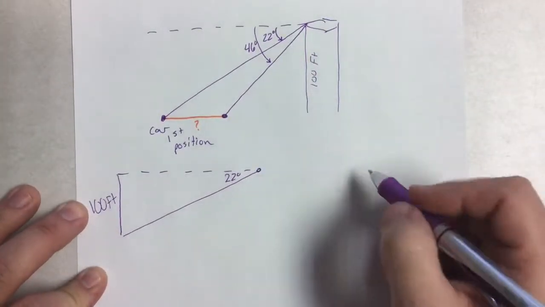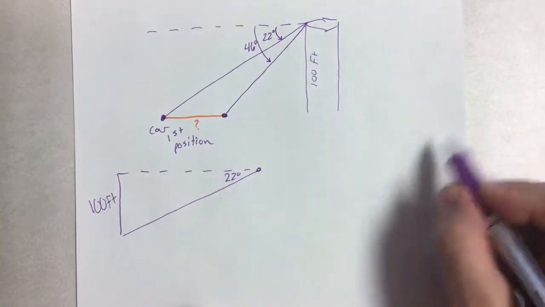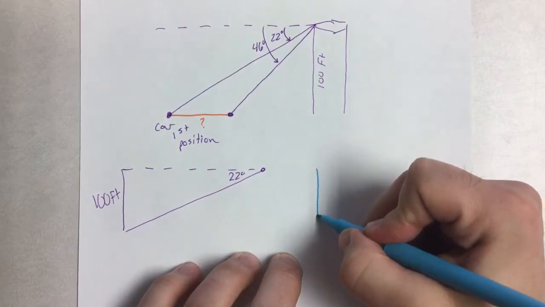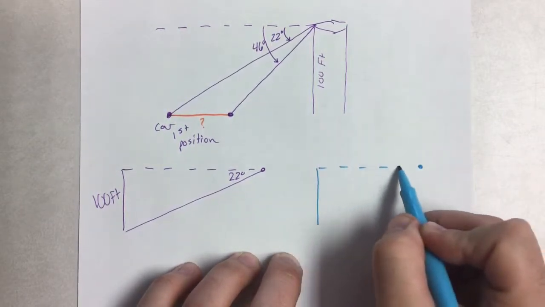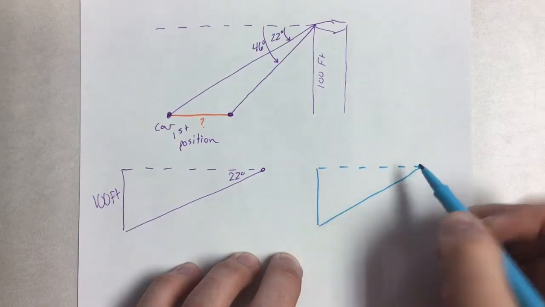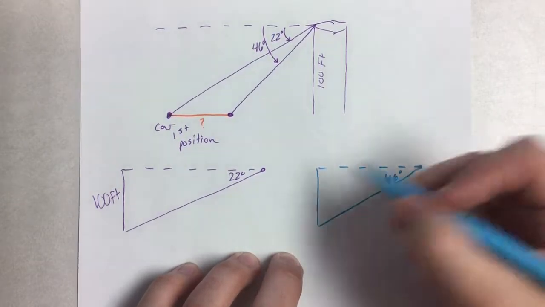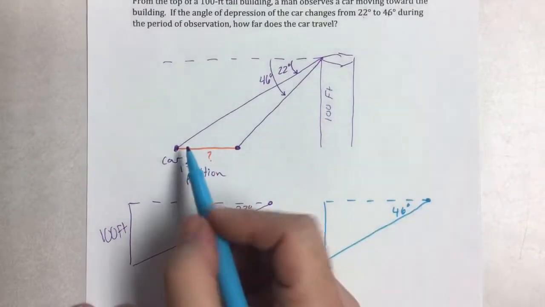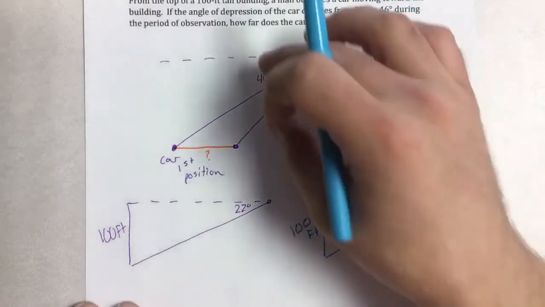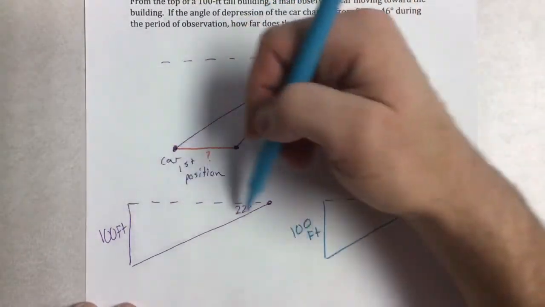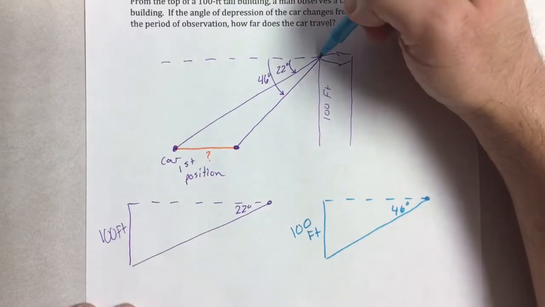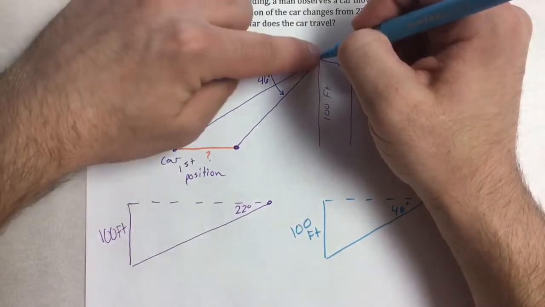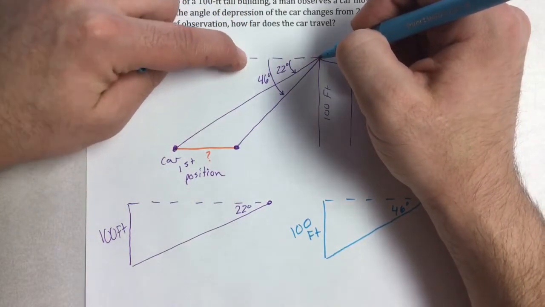All right, and then the second triangle, so our angle is larger, we're at 46 degrees. Again, height of 100. So we want this value. So when we compare that to this up here, the 22 degrees is going to get us the distance from where we are to the far end. The 46 degrees is going to get us the distance from where we are to the closer position.